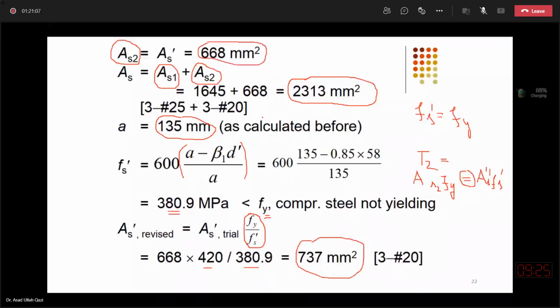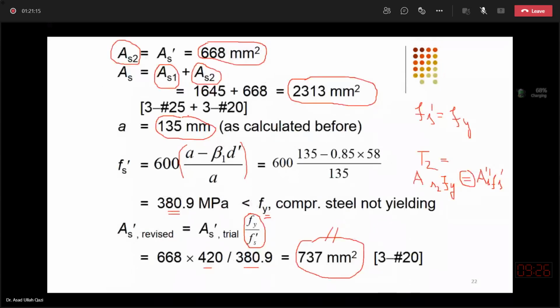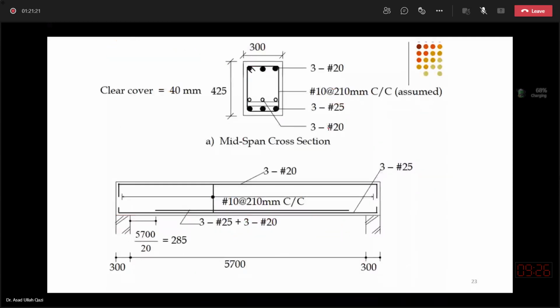What you earlier calculated, 325 plus 320 on the tension side, will remain the same. There will not be any change. The only change you made is on the compression side, and you made it 737 rather than 668.